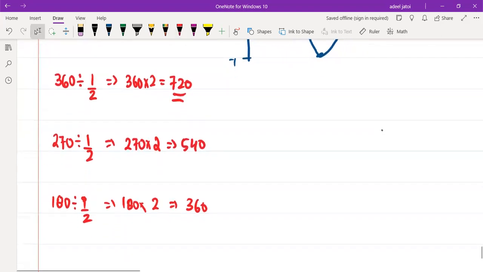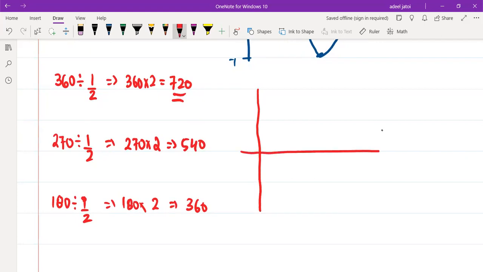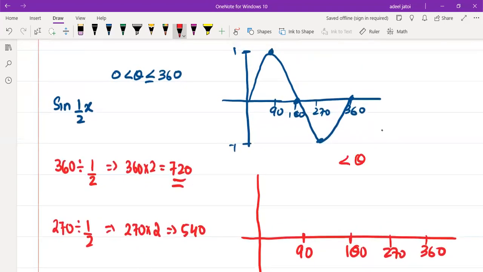180, which means if I start my graph like this, I'll go about 90, 180, 270, 360. The range shows me that it is from 0 to what? 360 only.